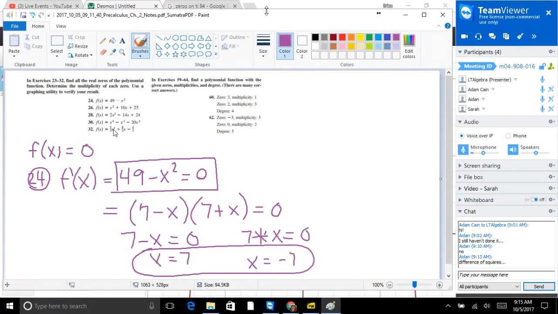Okay. All right, so then let's actually try number 26 so we can talk about another concept along with this. So 26 is right here. F of x equals x squared plus 10x plus 25. So we want to find out what value of x makes our function equal to 0. Okay, bust out our factoring skills, right?